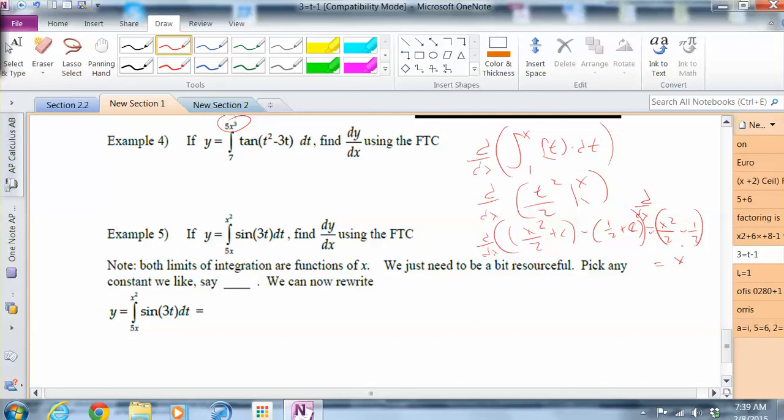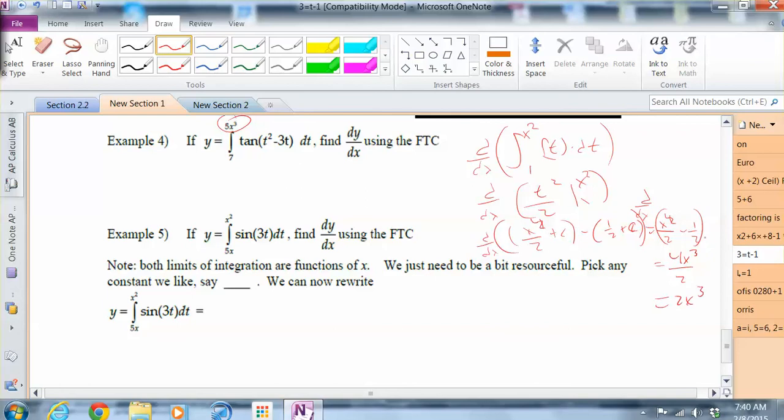Now, what if I change to x squared? So it becomes x to the 4 power over 2, plus c minus half plus c. Now to do that, I'm working out four x cubed over 2, which would be 2x cubed.